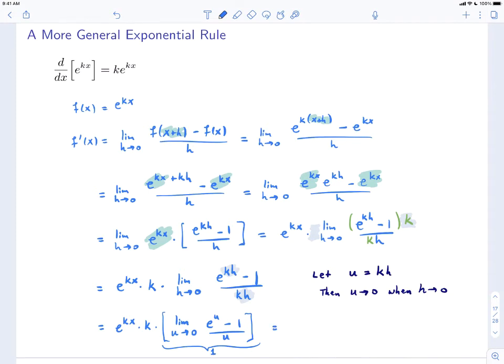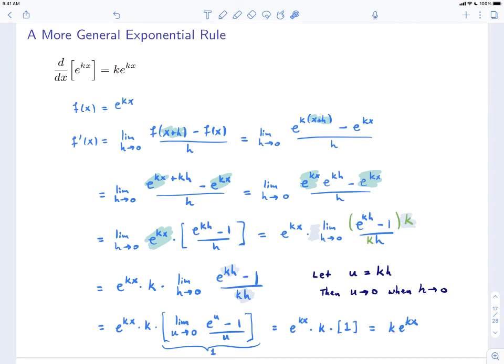So we're going to have e to the k times x times k times 1, which we can just rewrite as k times e to the kx. And this was what we claimed. The derivative of e to the k times x is k times e to the kx. So when you differentiate e to the kx, the constant k comes down.